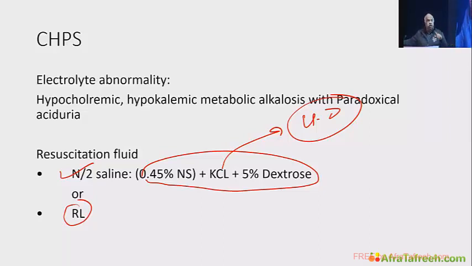And the lactate is not lactic acid; it becomes alkaline in the liver. So the child is already in alkalosis, and lactate will increase that. The boy correctly answered, it increases the alkalosis. So it's not contraindicated but not preferred. But in trauma, where there's acidosis, it's the fluid of choice. So we can give Ringer lactate if N/2 saline is not available. Otherwise, N/2 saline is the fluid of choice.